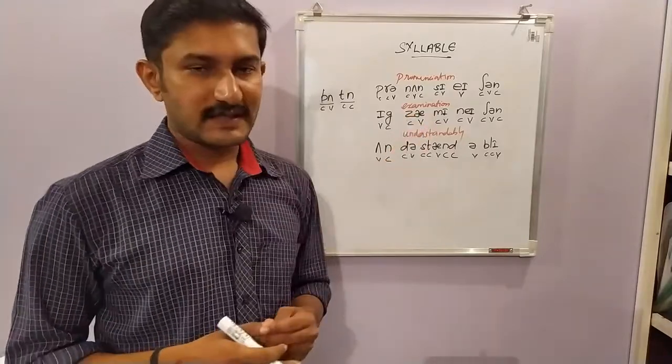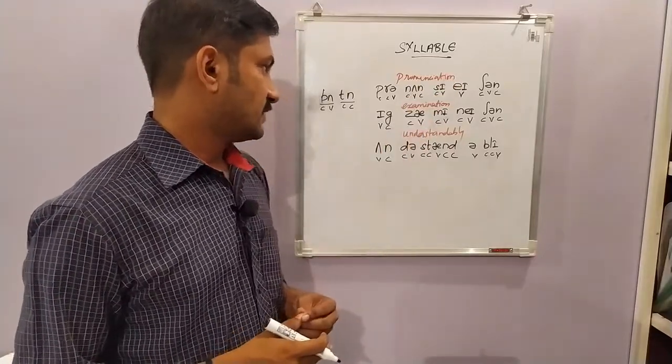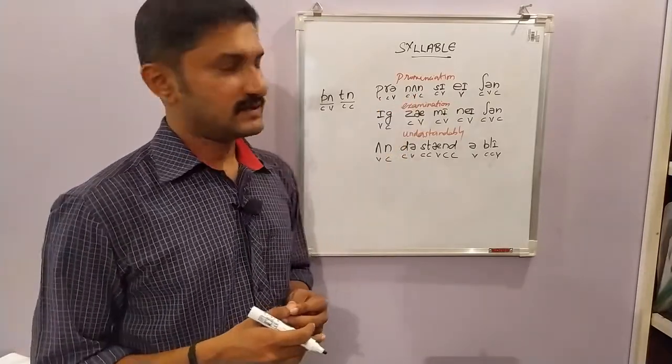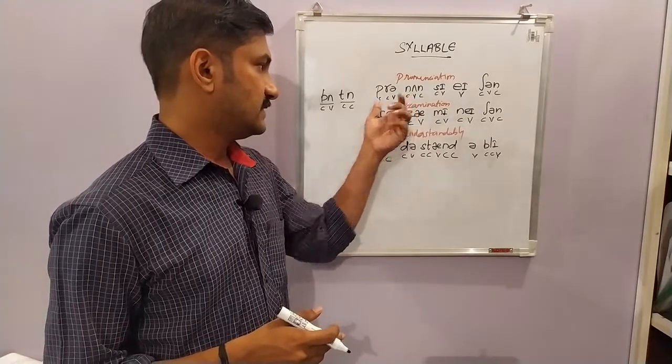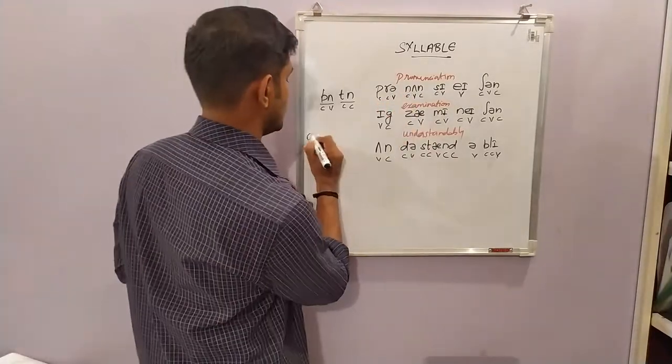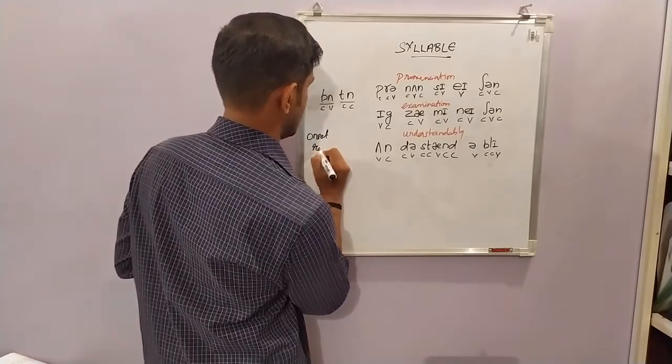We will discuss some more technical terms associated with a syllable. If a syllable is starting with a consonant, such consonants are referred to as the releasing consonants or the onset.